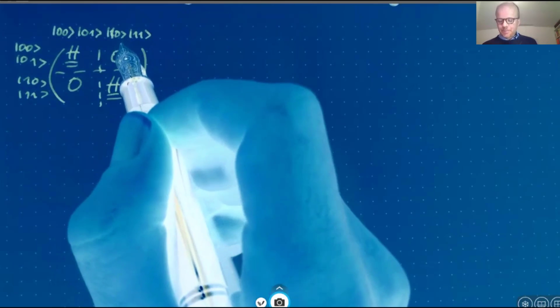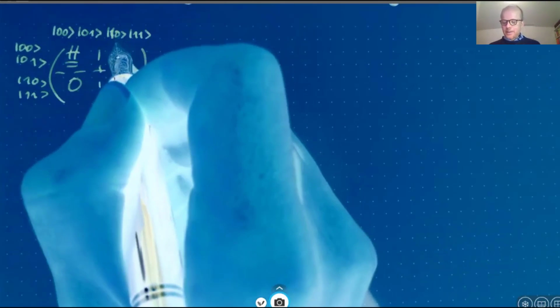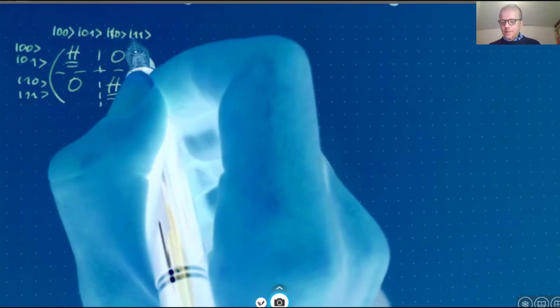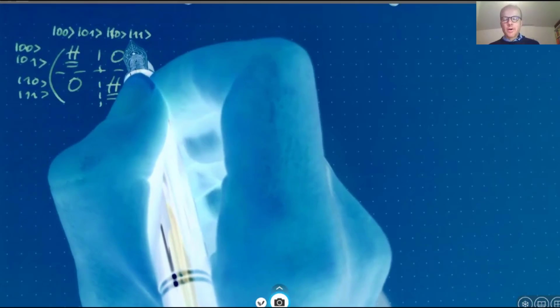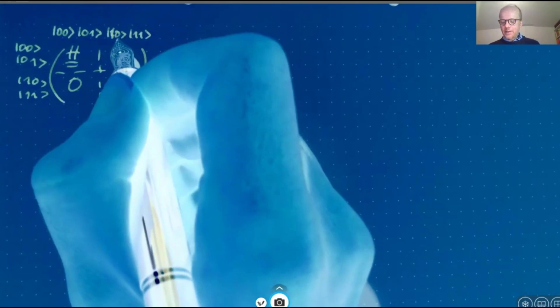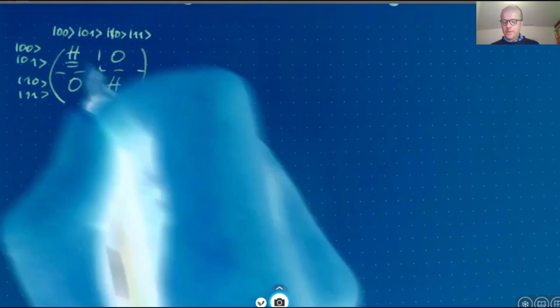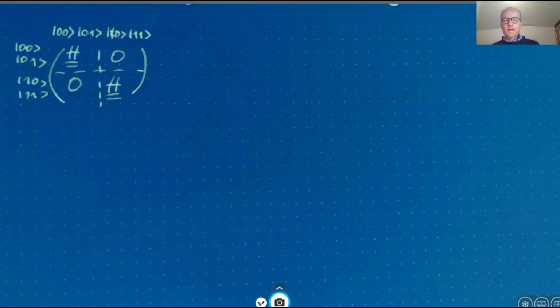So it is, again, a subspace where the control qubit doesn't change at all, and there's an effect only on the target qubit. So the two entries here of the Hadamard matrix, in both cases, they have an effect only on the target qubit state, but they have no effect at all on the control qubit state.